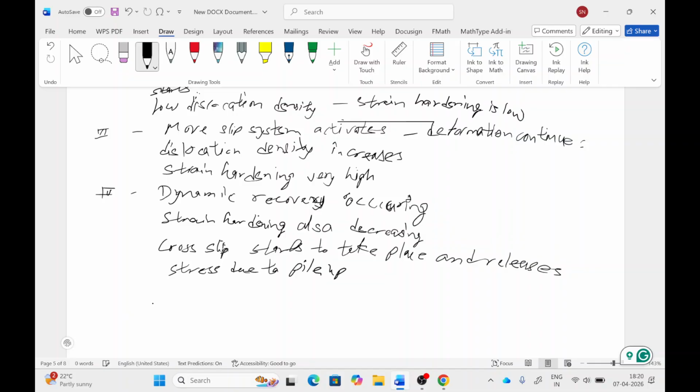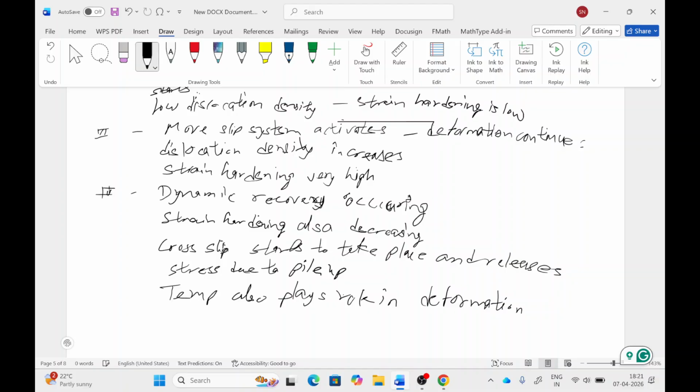In the third stage, the temperature also plays a role in determining the deformation.